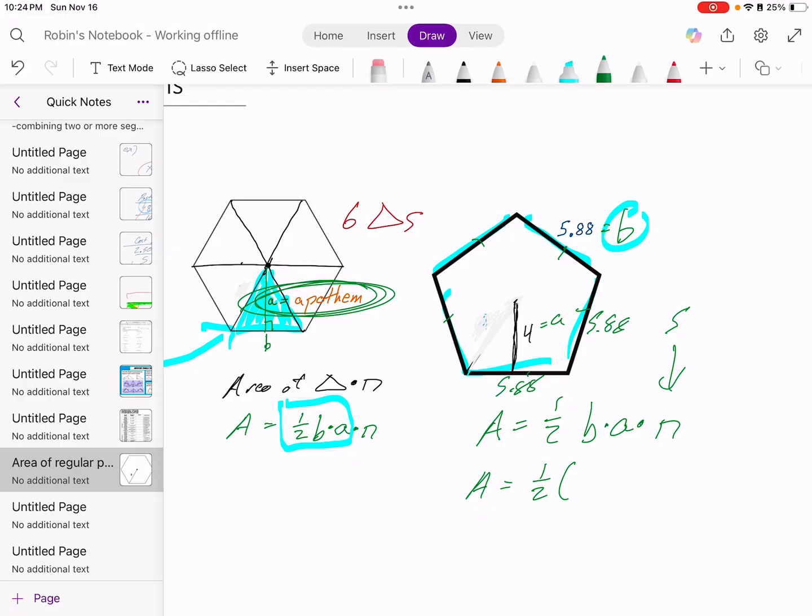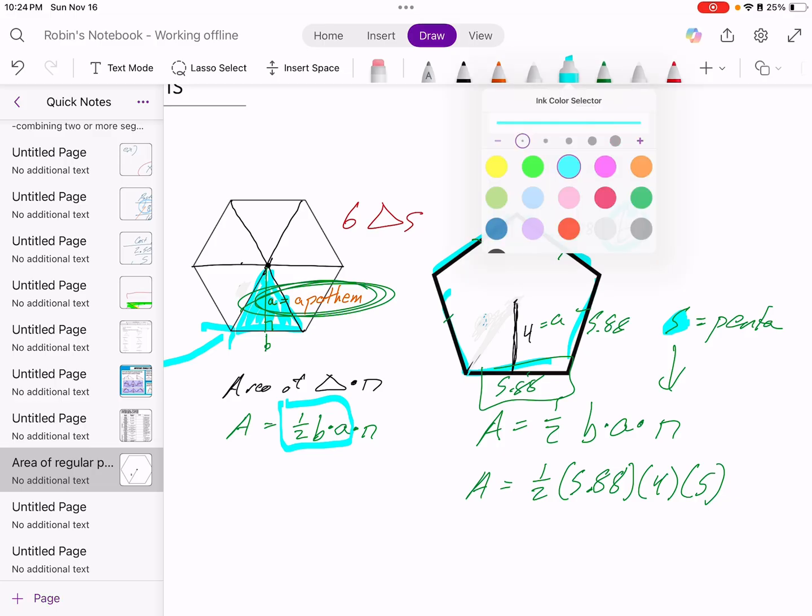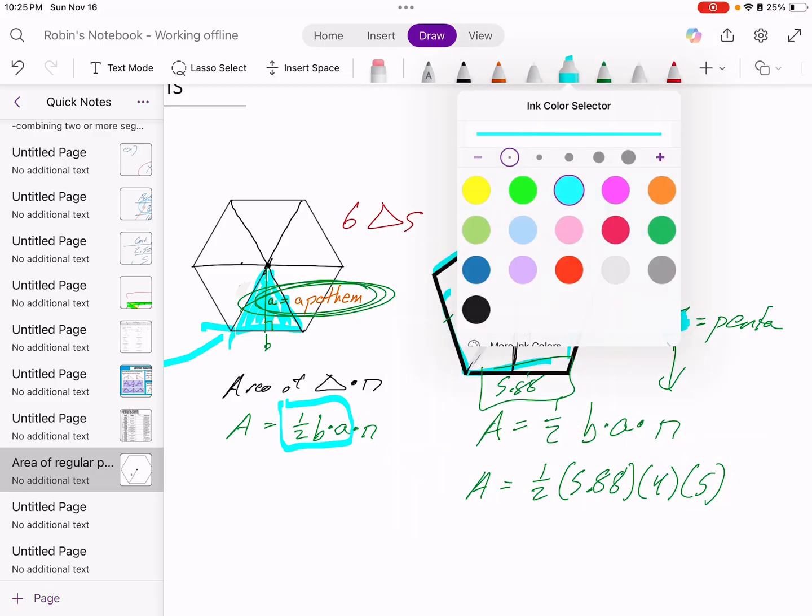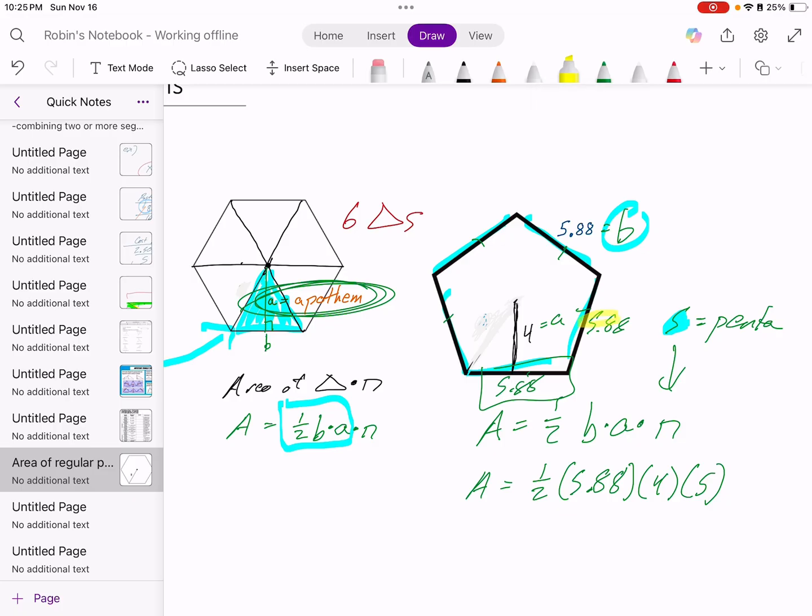So my base is 5.88, the apothem is 4, and the number of sides is 5, because this is a pentagon.